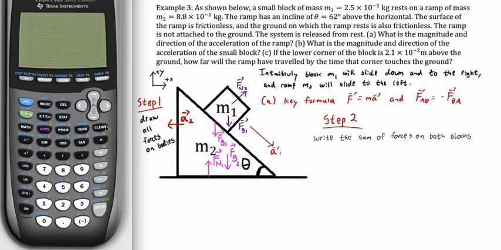And when I say both blocks, I mean the block and the ramp, or we can maybe think of one as a ramp-shaped block. So write the sum of forces on both blocks in both directions, x and y. So let's write our sum of forces in x for 1, sum of forces in y for 1, and the same thing for object 2.